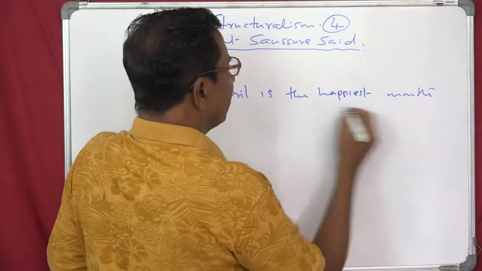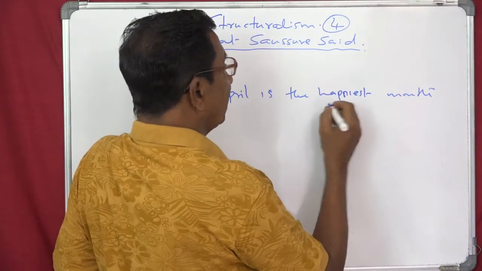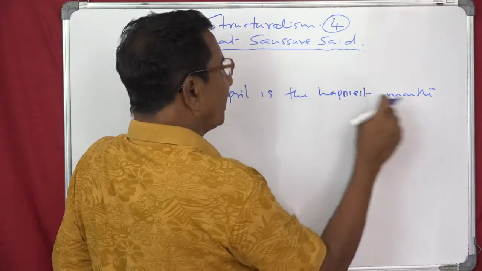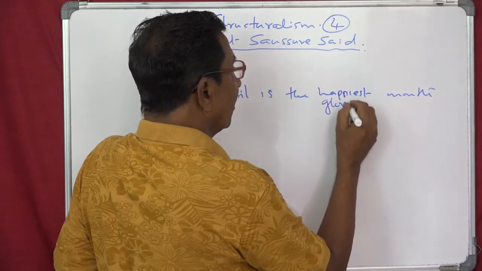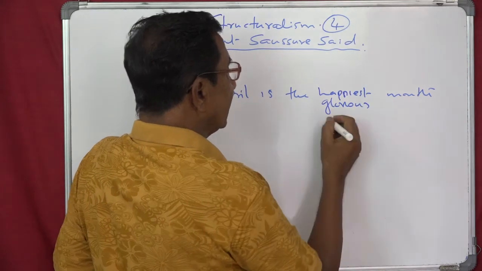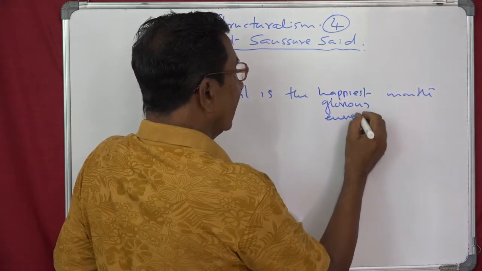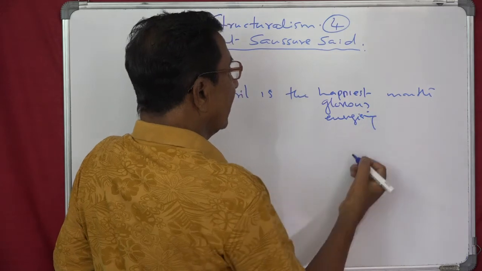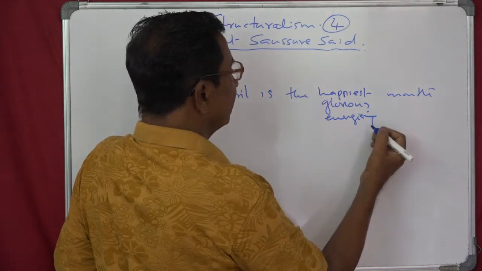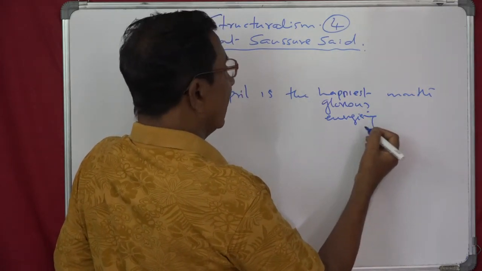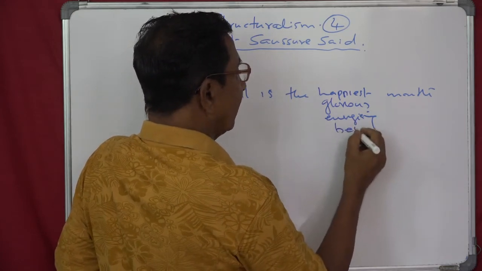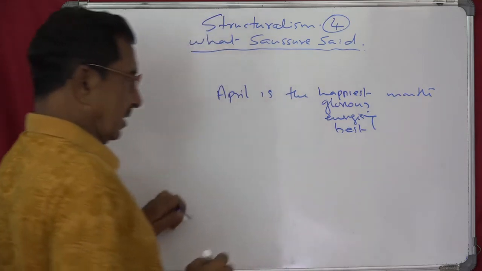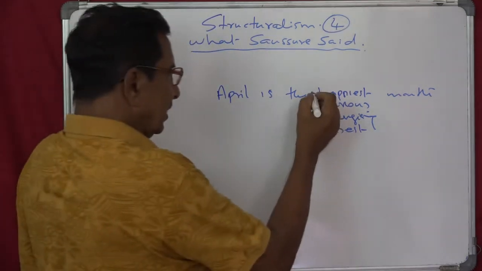April is the happiest month. April is the glorious month. Glorious month. April is the energizing month. Still the energizing month. April is the best month, etc., you can say.